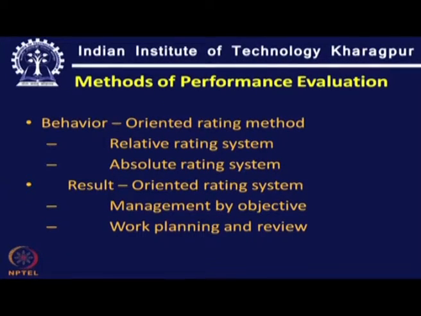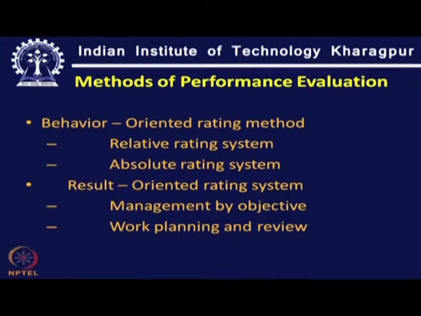So, there are two main classifications, the behavior oriented rating method and the result oriented rating method. The behavior oriented rating method again has two subdivisions, the relative rating method and the absolute rating method.